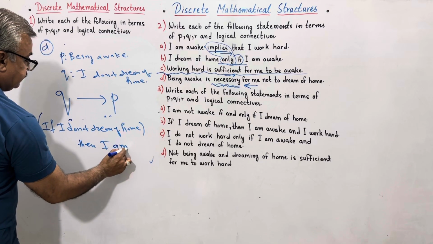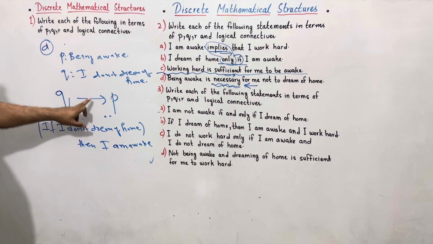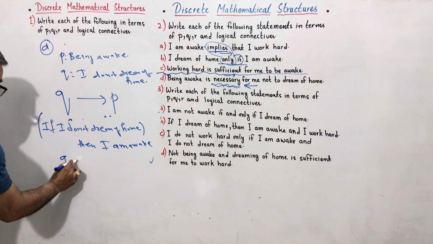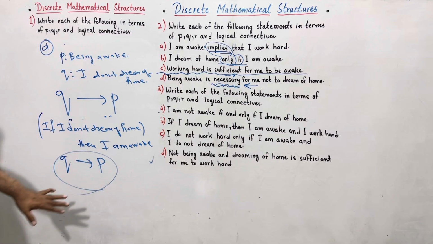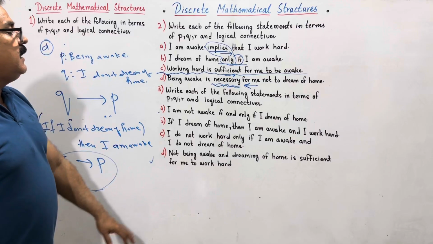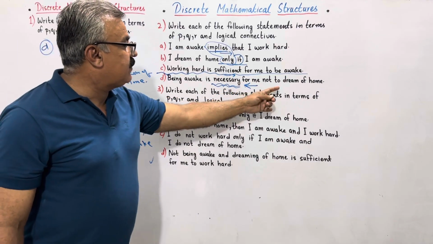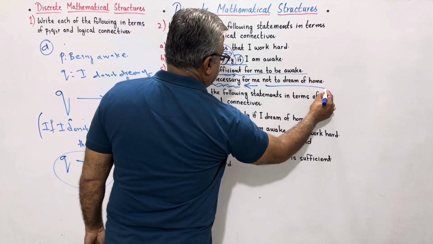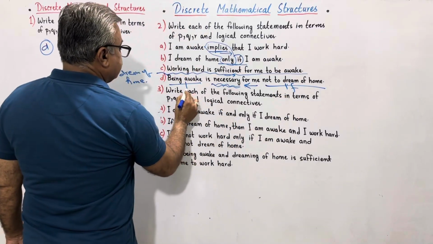Not dreaming is our Q. Q implies P. In the case of necessary, we introduce the arrow in the reverse direction, which means we write the converse of this statement. This is our if part, and that is our then part.